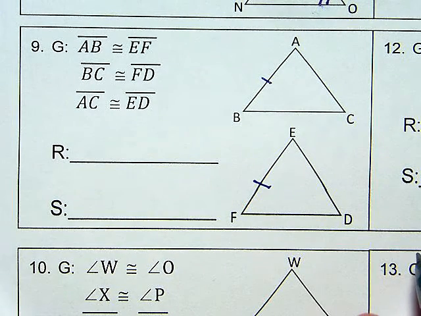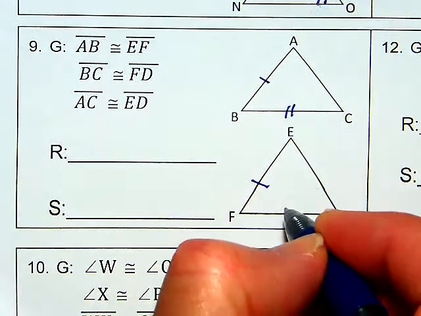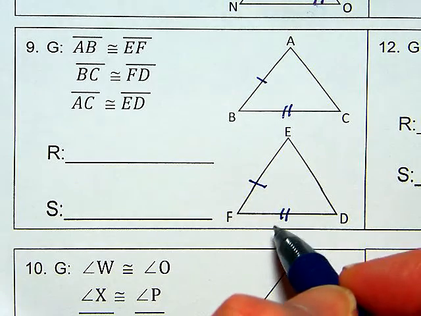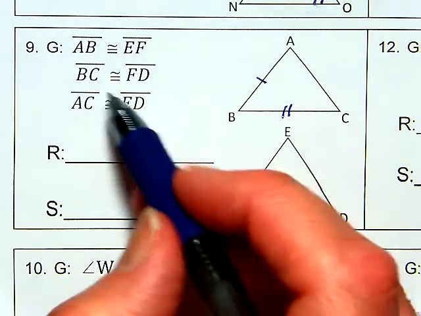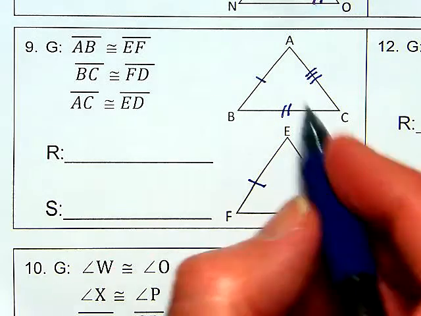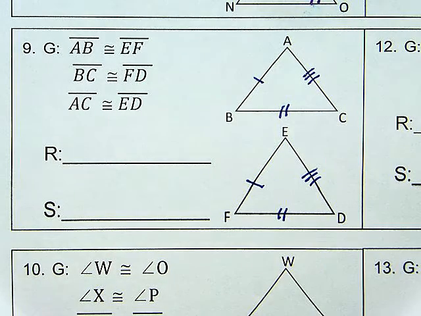Side BC is congruent to side FD. Let me put a double marking through those, showing that those two sides are corresponding and equal. And finally, side AC is congruent to side ED, which would be over here. Okay, so those are our markings on this triangle.